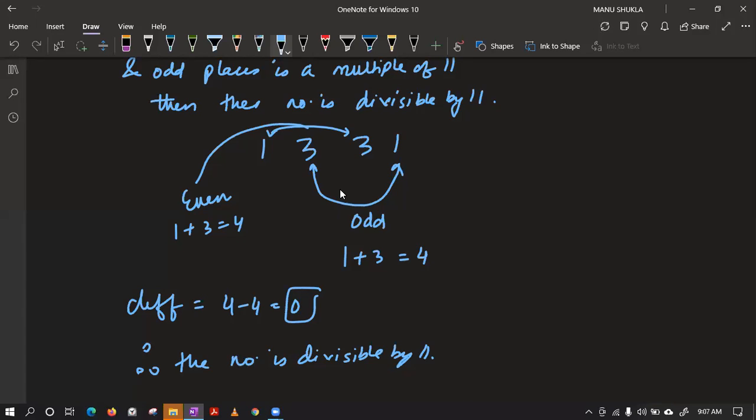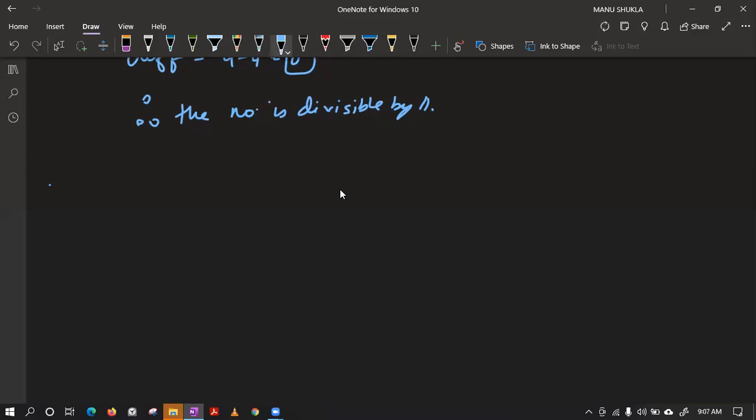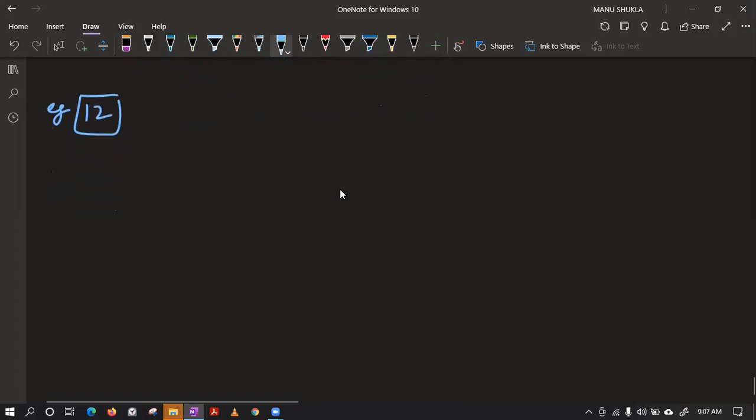Now I think almost all are covered. So suppose you have the rule of 12. If you want to make a rule from your side for 12, what will you say? Please tell. If you want to make a rule of divisibility for 12, what will you say? Yes, Ananya.